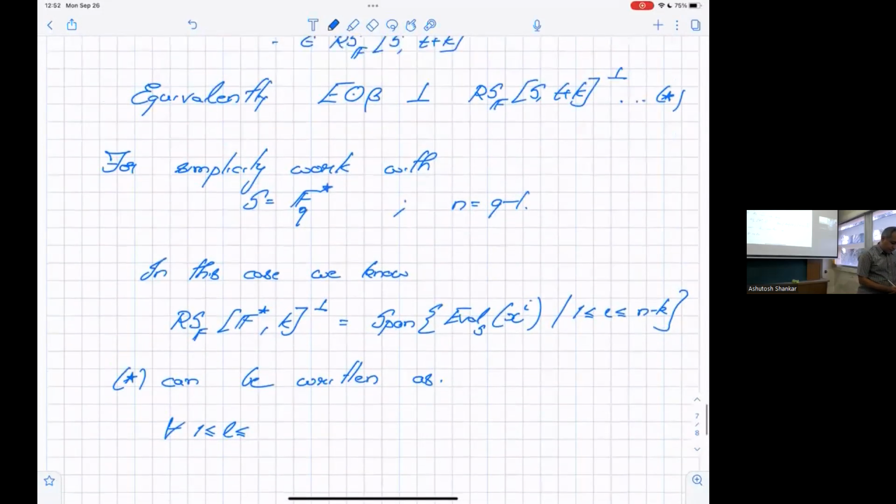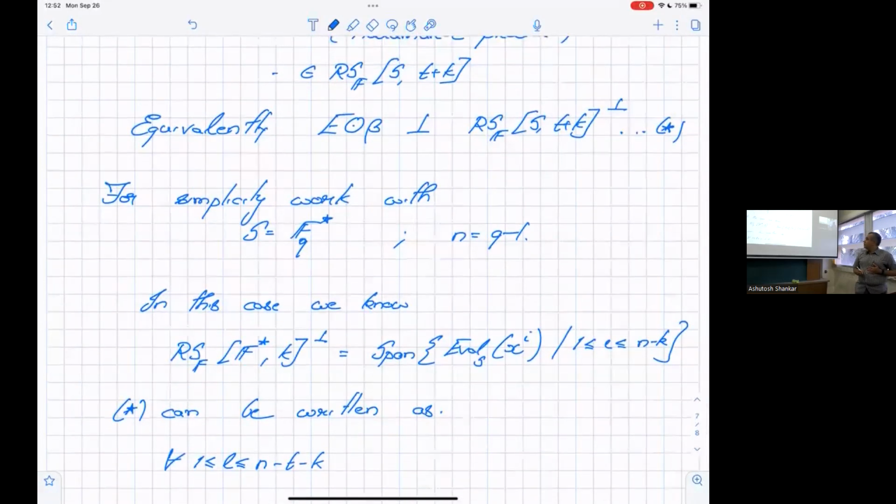The k itself is n minus t minus k. Right?